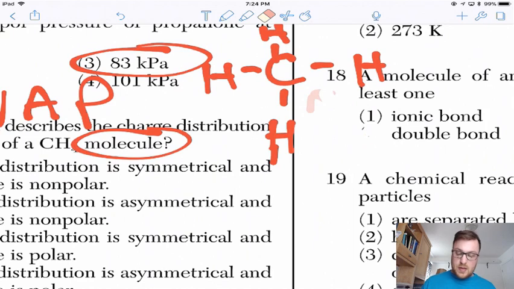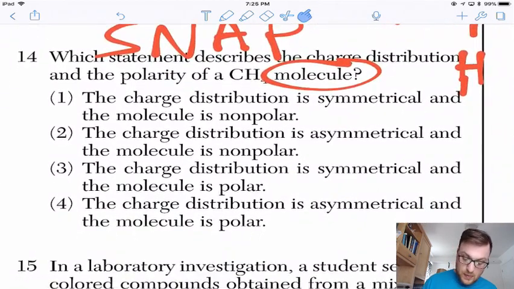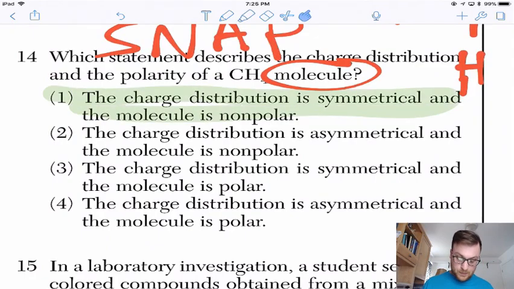And because they are all the same element around carbon. So if one of those was a fluorine and the other 3 were a hydrogen, I would say this is not symmetrical. But since there aren't any lone pairs and all of the bonds are the same type of bond, meaning all carbon-hydrogen bonds, I would say this is symmetrical. Then when I snap it, that means it is not polar. And I'm going to pick the answer choice that says both of those things, which is the first one.